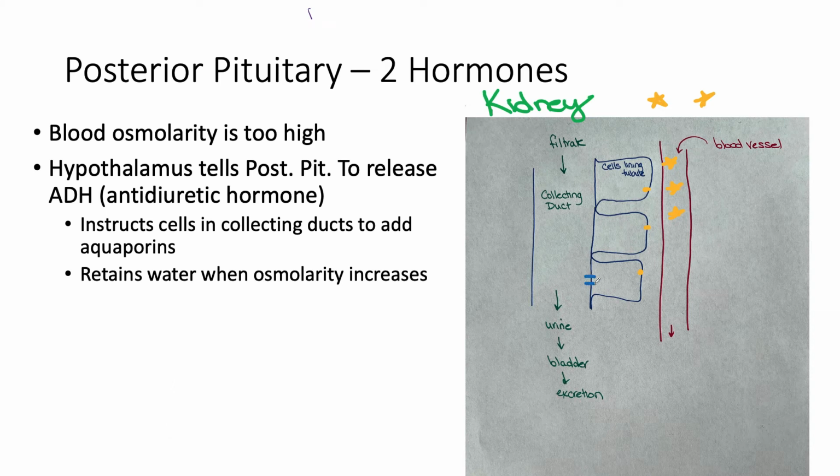Aquaporins are little channels on the apical surface of these cells that will allow water to leave the collecting duct and go back into the bloodstream through that interstitial space between the collecting duct and the blood vessel.